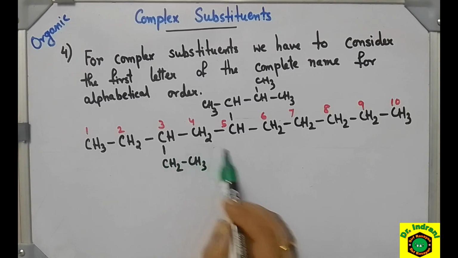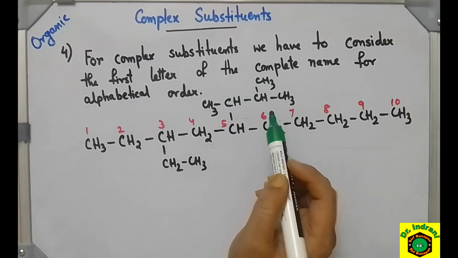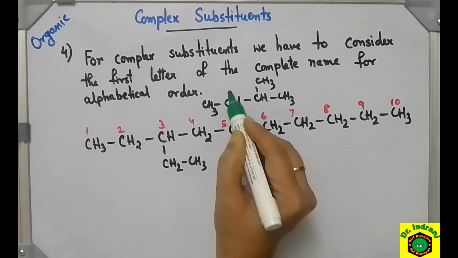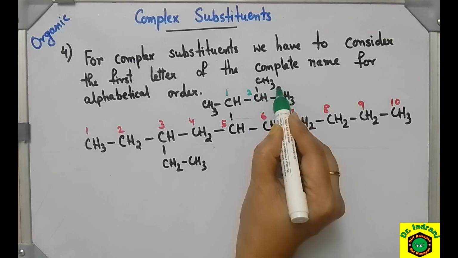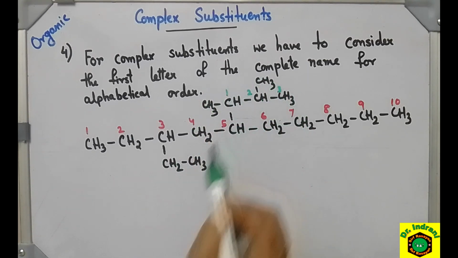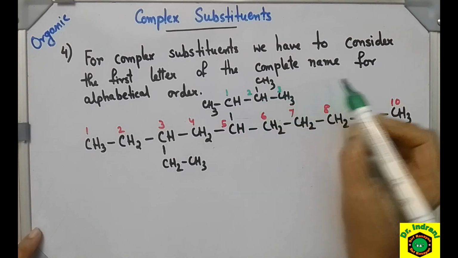Now this is a simple ethyl group, means normal substituent, but this one is a complex substituent. So for this carbon which is attached with the parent chain, we are giving 1, next carbon will be 2 and this carbon is 3. Now what is the name of this complex substituent? At 1 and 2 position methyl groups are there.